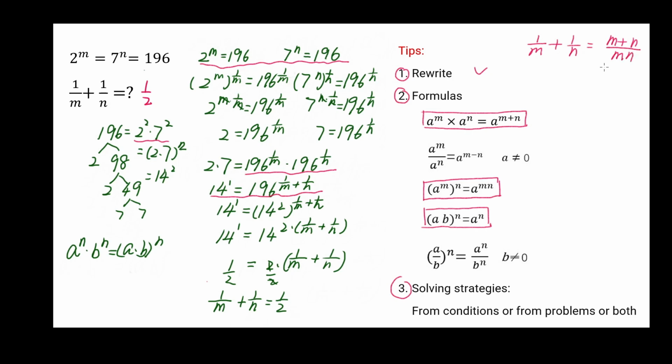And if we want to get mn, we can use this equation. But how? We can raise both sides to the power n. So we can get 2 to the power mn, and so on. Along this way, maybe we can figure out this problem. You can try it.